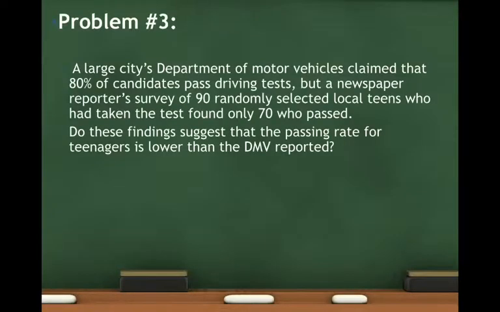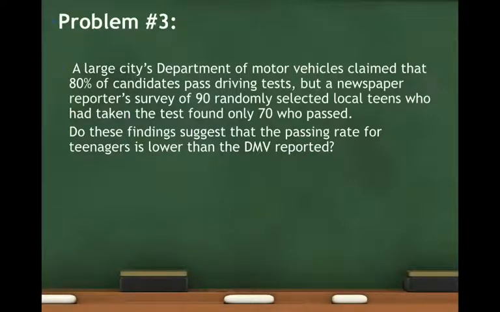What we want to do is look at problem number 3. We're going to run a hypothesis test, and we're going to break out all the steps that you should take when you're running a hypothesis test. Let's say at a DMV, it's claimed that 80% of the candidates pass the driving test, but then a newspaper reporter surveyed 90 randomly selected teens, and from that 90, only 70 passed.